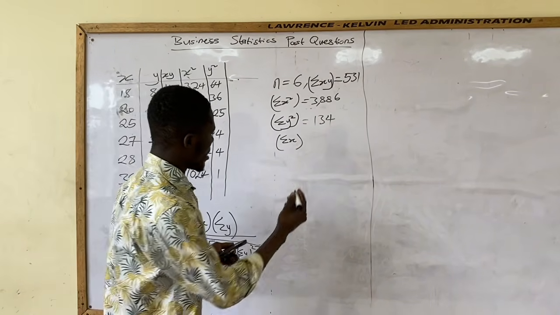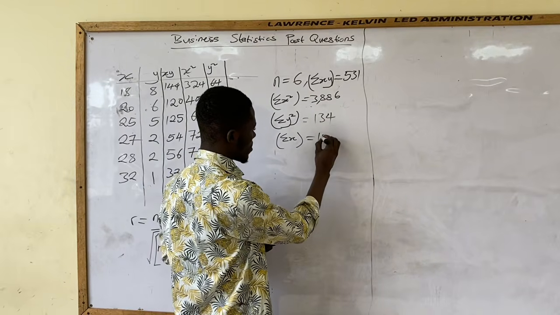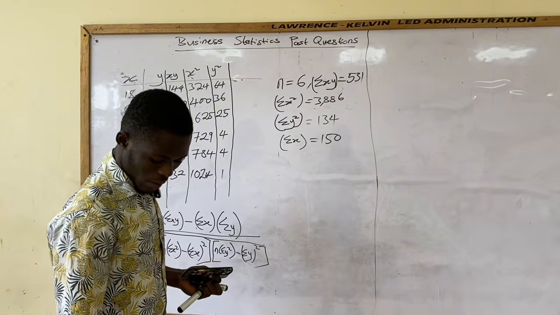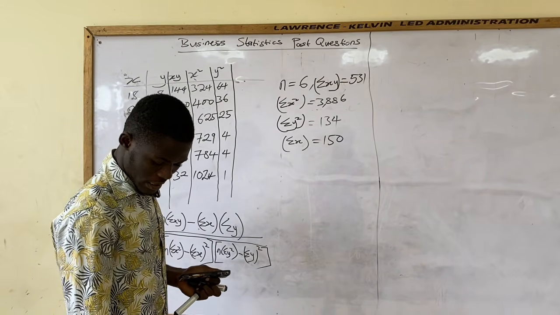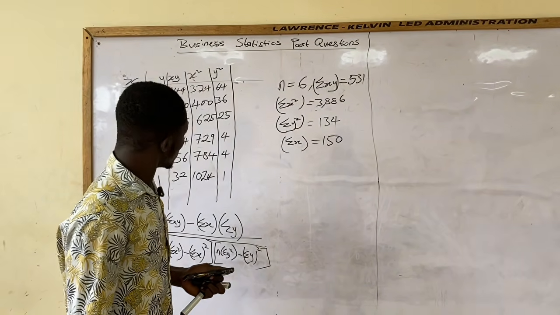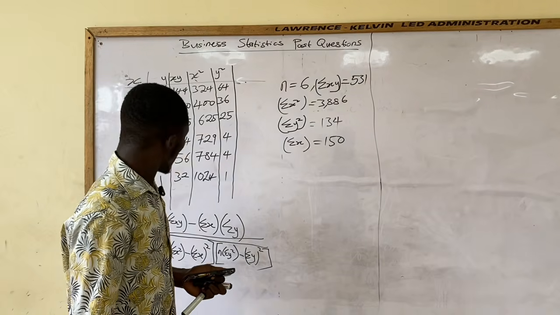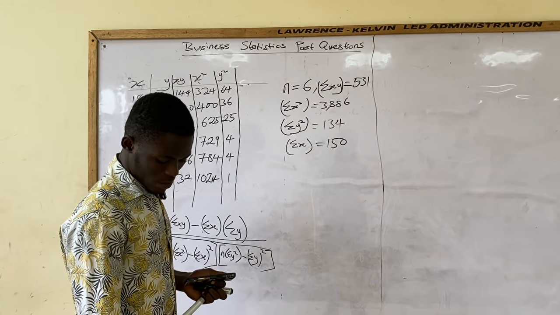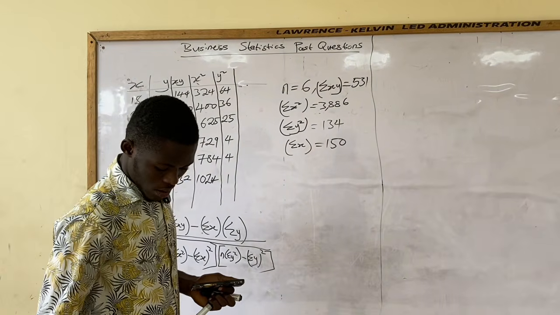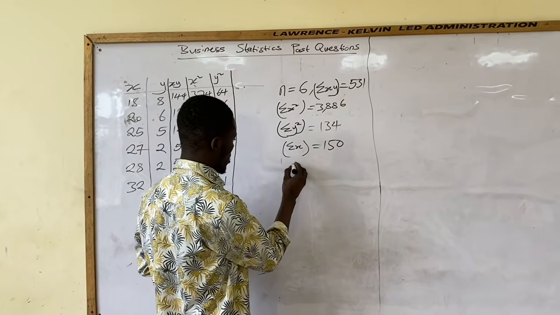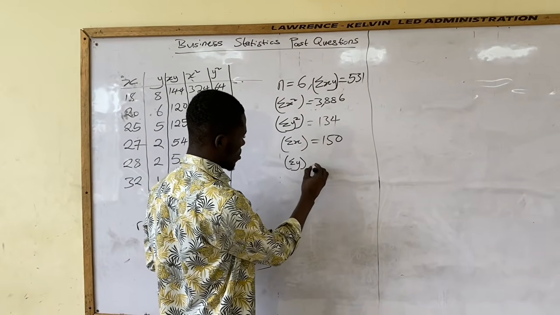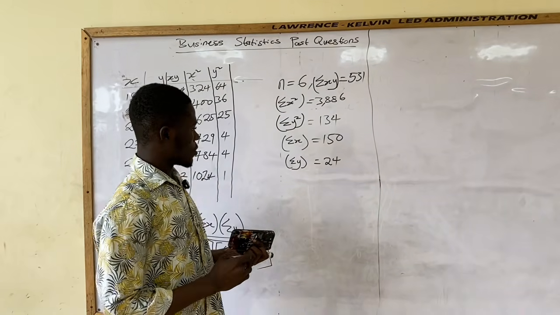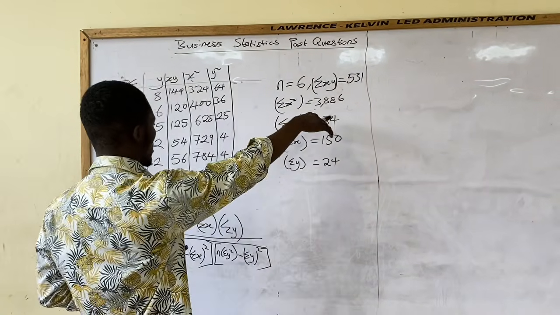So we will get 150 as our sigma s. Then our sigma y, we have 8 plus 6 plus 5 plus 2 plus another 2, then plus 1. Then sigma y will get 24. Hope you understand.